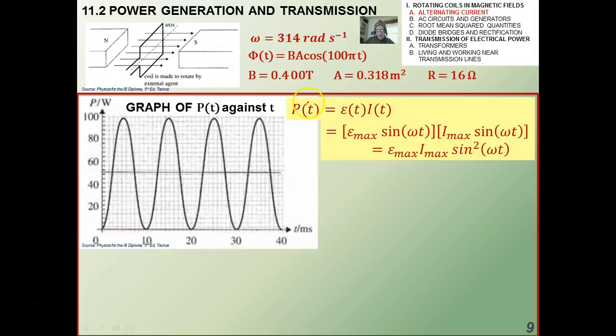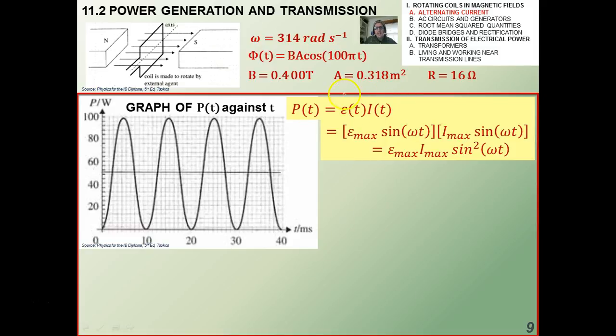Now, from our previous studies of circuits, we had a couple of different versions for power. Remember, we said P equals VI, P equals V squared over R, etc. In this case, I'm just going to consider the simplest version, and that's P equals VI. Since V is a function of time and I is a function of t, P is going to be a function of t.